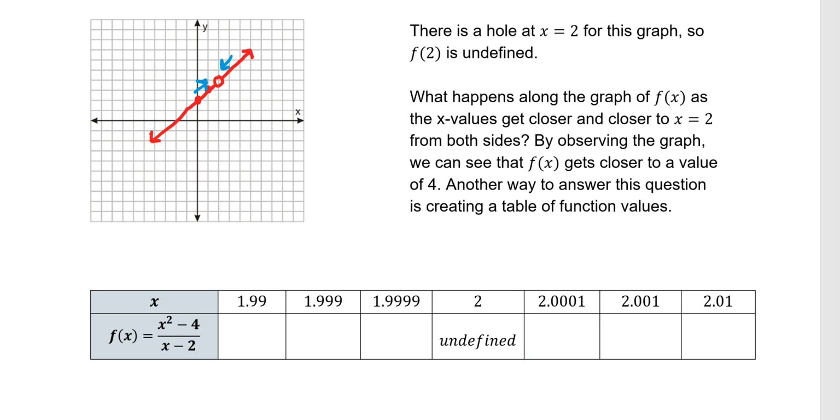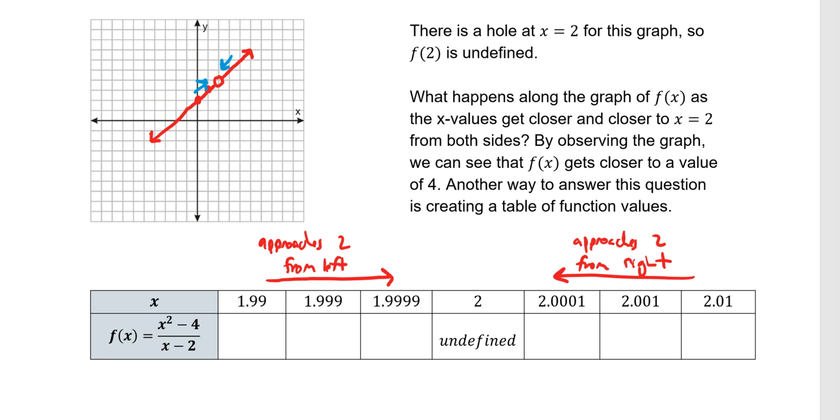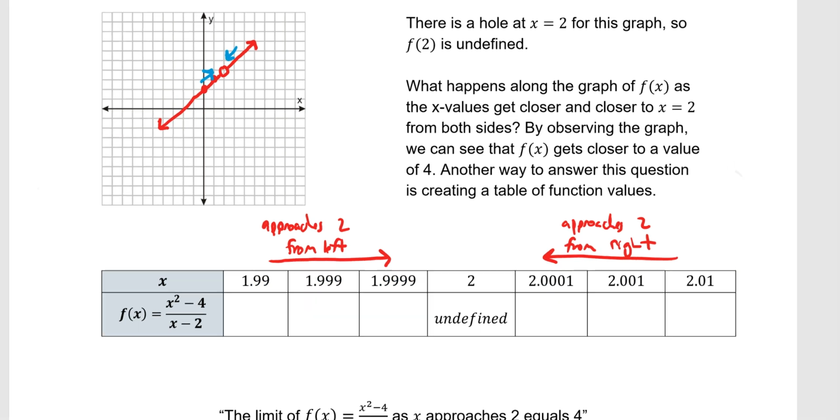So you can see here that I already pre-chose some x values that are both getting closer to 2 from each side. So you could have chosen x values that are maybe just a little bit different, but hopefully you agree 1.99, 1.999, 1.9999, and same idea for the right-hand side. They get very, very close to 2 from the left and very close to 2 from the right.